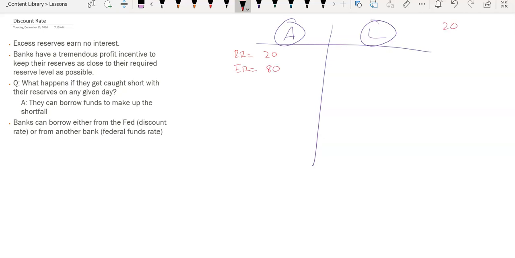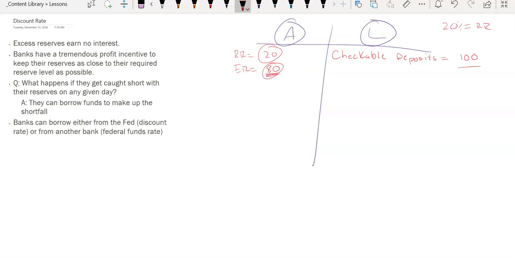So that means you have a reserve requirement of 20%. And then you have total deposits in your bank, otherwise known as checkable deposits, that you owe to people. You owe $100, right? So when that deposit comes in, 20 of it is here, and the rest can sit here.